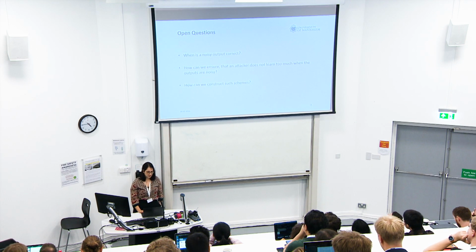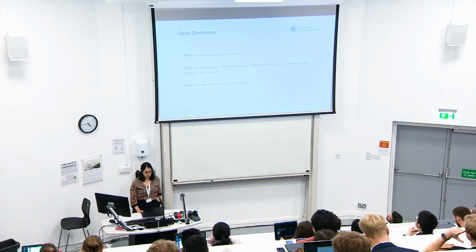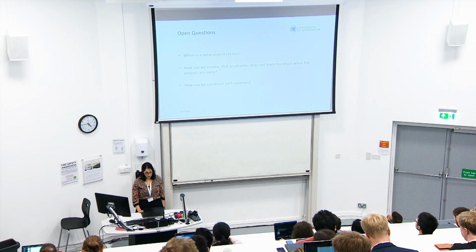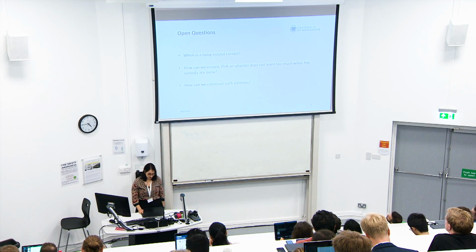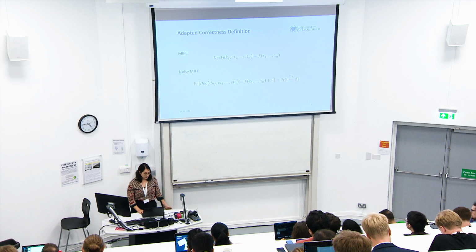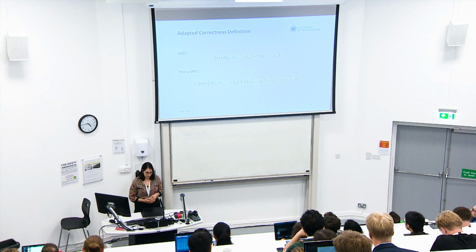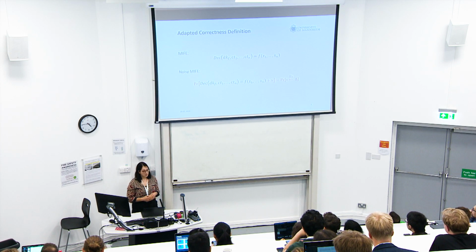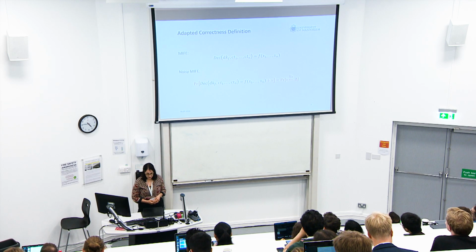So first, when is the noisy output correct? How can we ensure that an attacker does not learn too much information when the outputs are noisy? And of course, how can we construct schemes? For the first question of correctness, the correctness definition for MIFE is rather straightforward. The decryption of the decryption key and the multiple ciphertexts should be f of the message, so the plaintext.